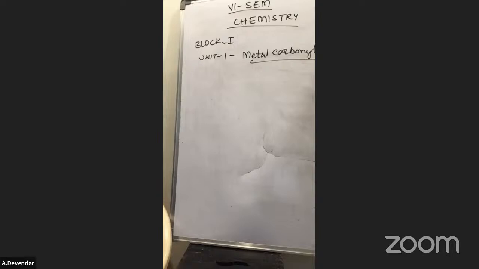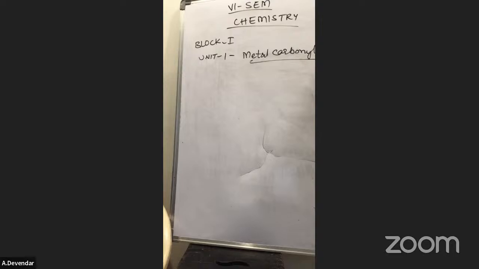This is the general formula of the 18 electron rule: ns2 (n-1)d10 np6. So s orbital 2 electrons, d orbital 10 electrons, p orbital 6 electrons.